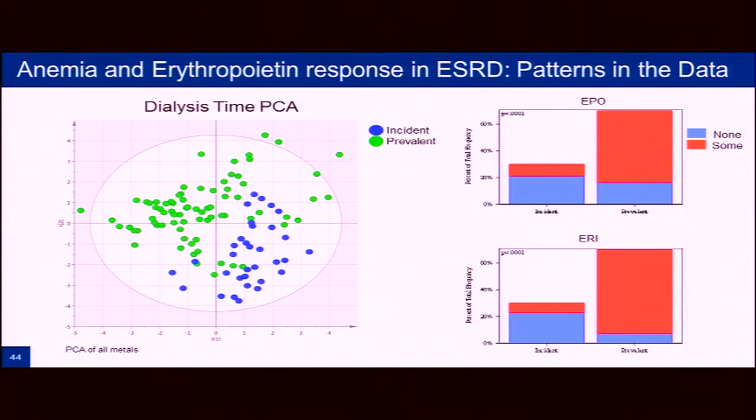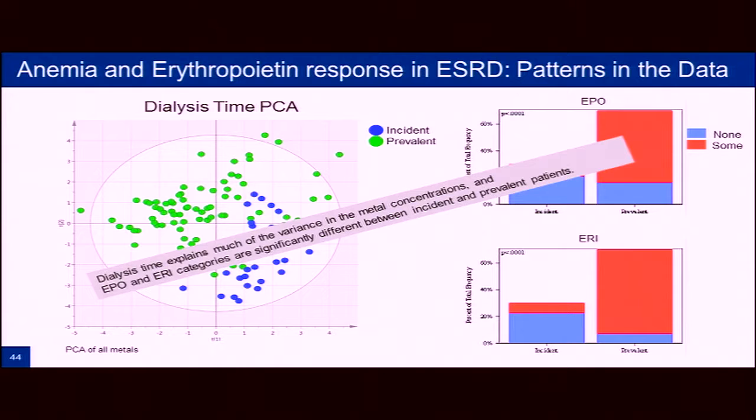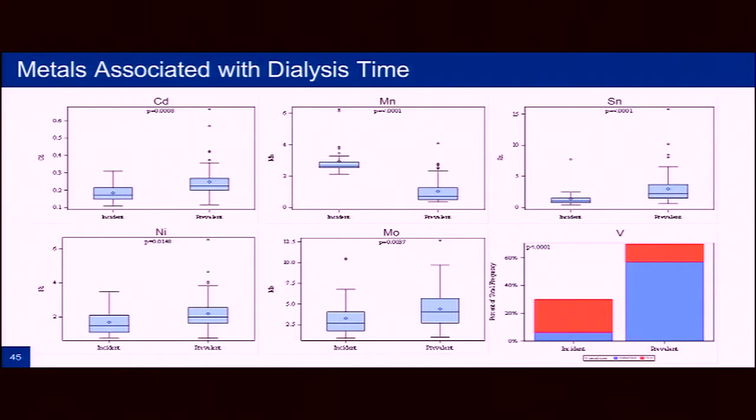And there are big differences between the two. So the difference in prevalence and incidence explains much of the variance in the metal concentrations, and they're significantly associated with the anemia. So the metals in particular that are associated with this are cadmium, manganese, tin, nickel, molybdenum, and also vanadium.